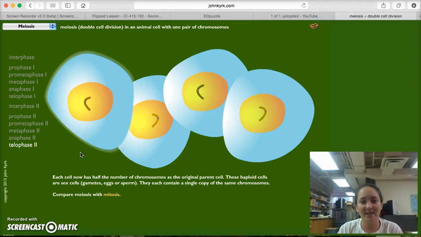So it's genetic diversity and reduction of genetic information into your sex cells so that when the sperm and egg unite, 23 chromosomes and 23 chromosomes come together to make 46. Because if you think about it, if every time a new generation was produced, we kept adding more and more chromosomes, we would have so many chromosomes. So that's why in meiosis the reduction of chromosomes is necessary.